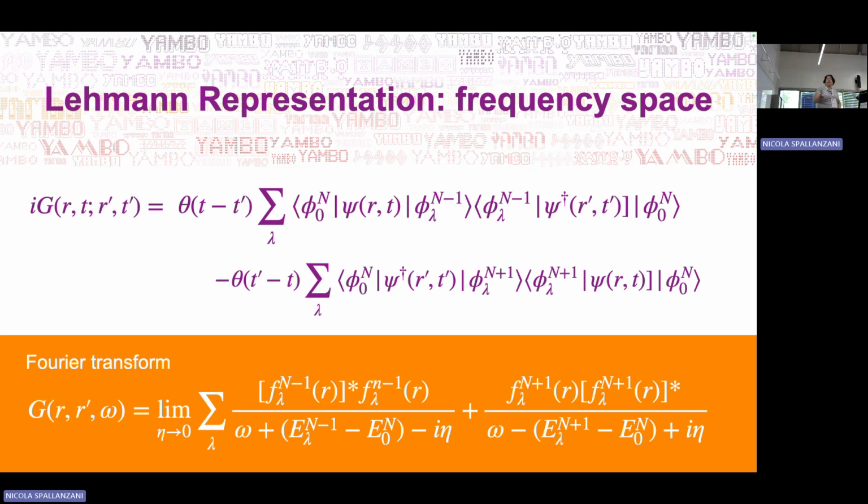So we have this Green function that has two terms in which the denominator has the energy differences between these two states: the ground state with n electrons and an excited state with n-1 electrons, and the same with an extra electron.